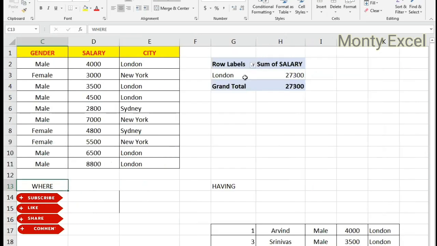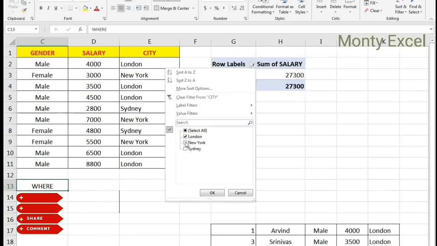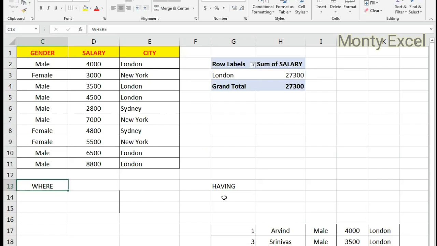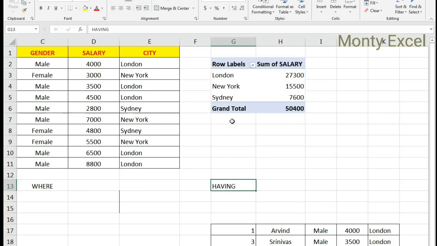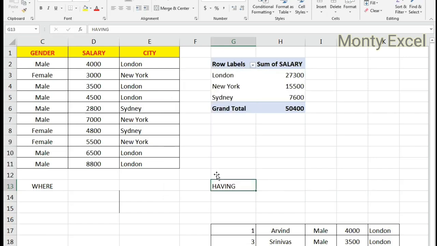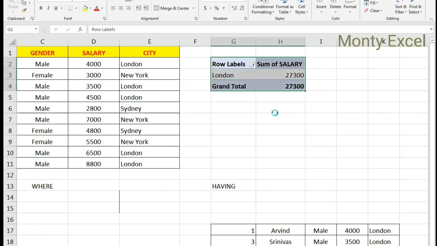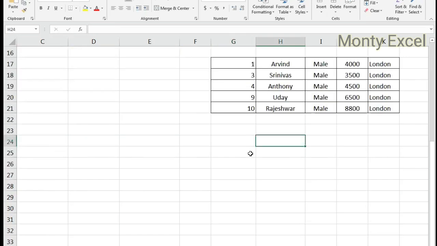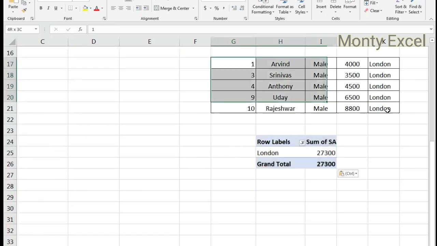But when I'm using a having clause, see how the output looks. Having can be used only on the summarized data. What is summarized data? Group by data, right? So on group by, I'm using a where condition, same London. Now see the difference. I got this output by using a where condition equal to London.